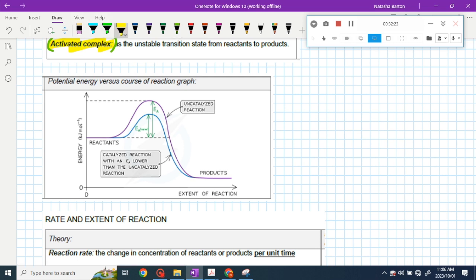Remember, activation energy is from the reactant to the activated complex. But enthalpy change, or heat of reaction, is between reactants and products. You're going to show that over there. So what is the activated complex? That is this part over here at the top. And that is the unstable energy state between reactants and products.